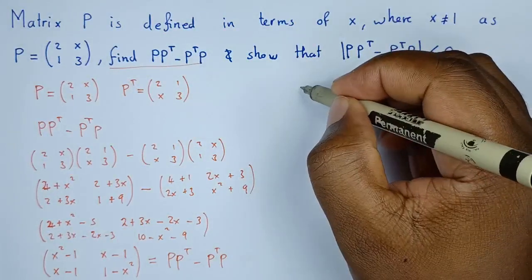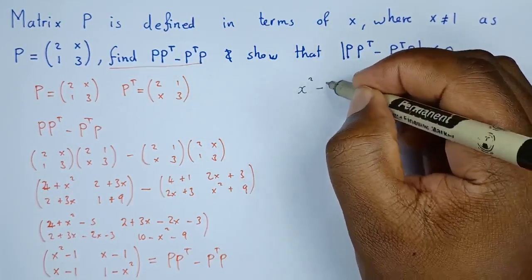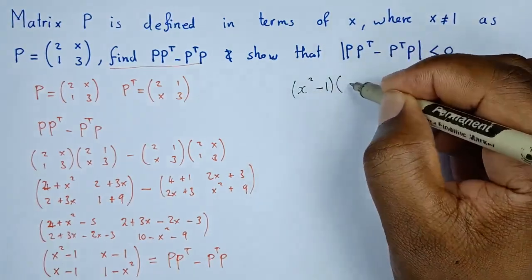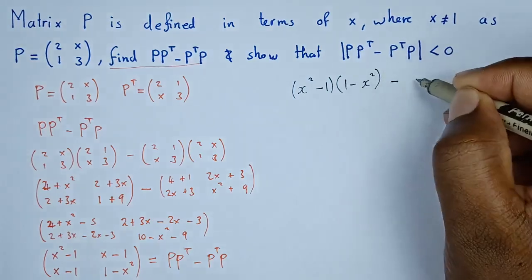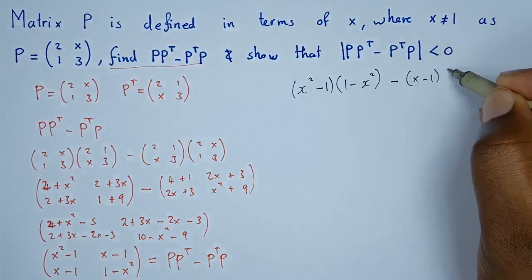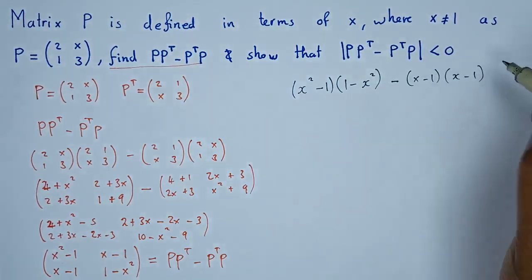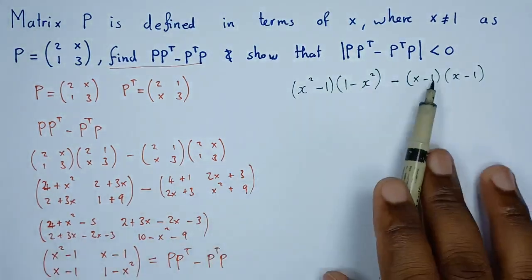So we're going to get x squared minus 1, multiplying with 1 minus x squared, minus, open bracket, x minus 1, x minus 1. So this is these two minus these two, which is those two.